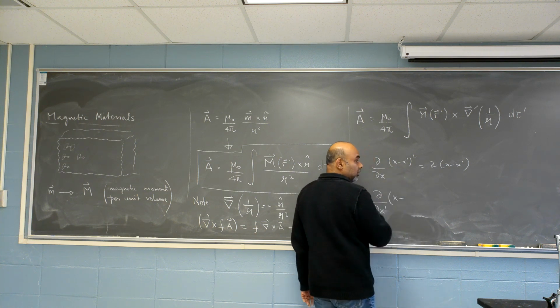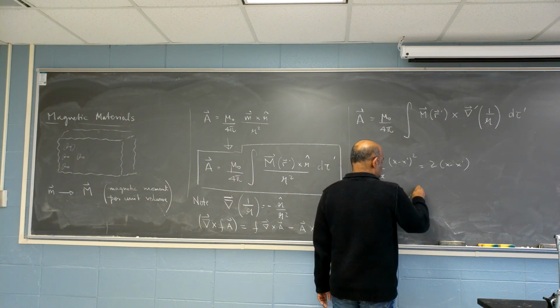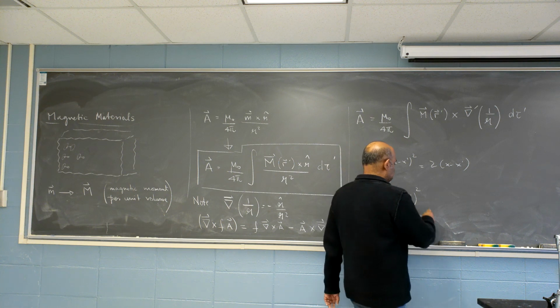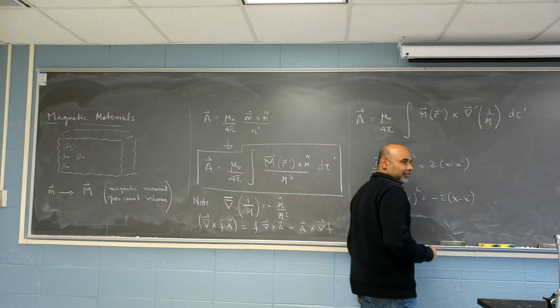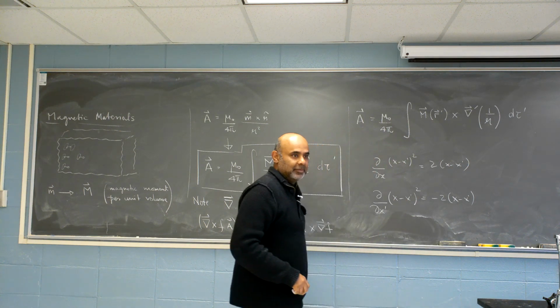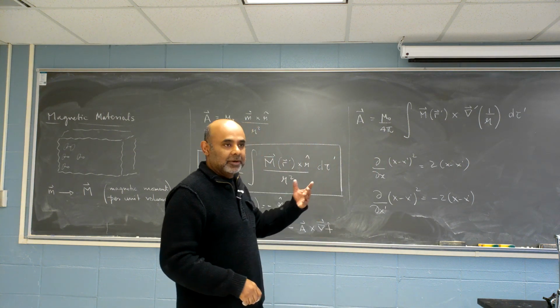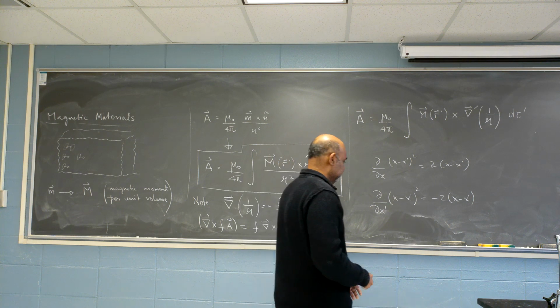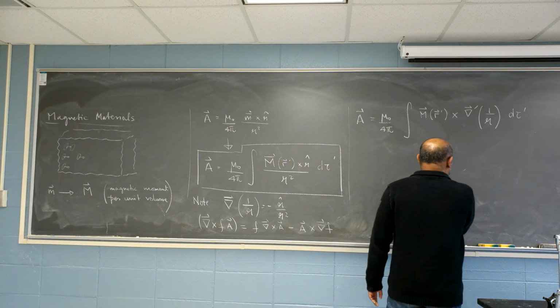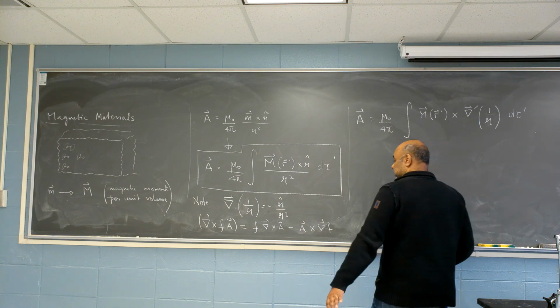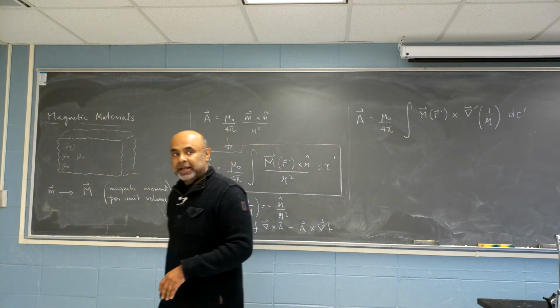Treat x as a constant and x prime as the variable. And what's good for x is good for y and z. So for every term, the negative comes out. Nothing miraculous or profound.